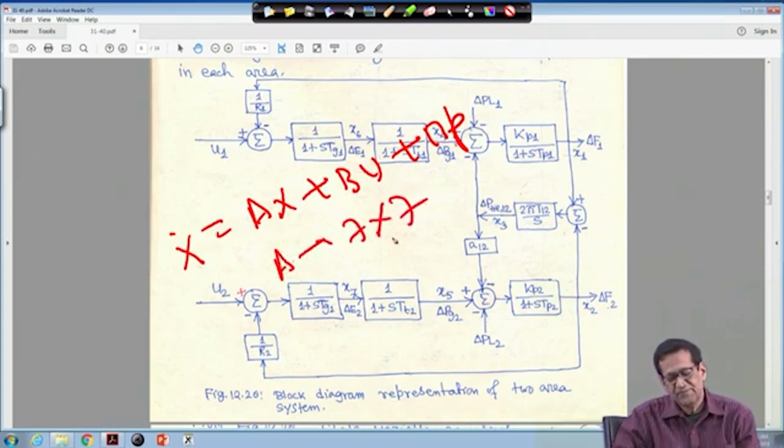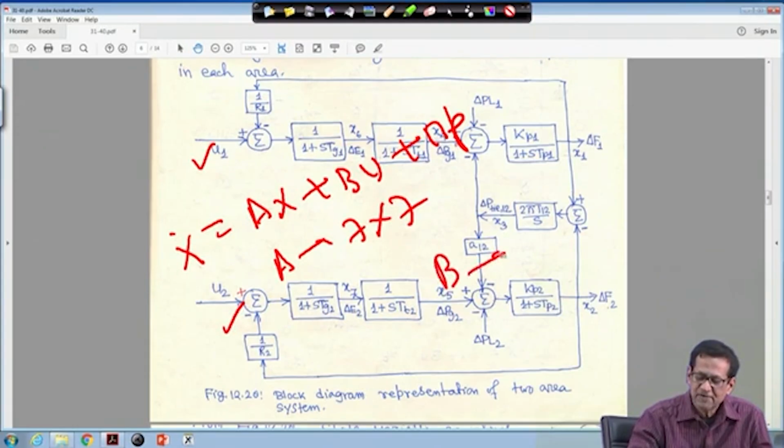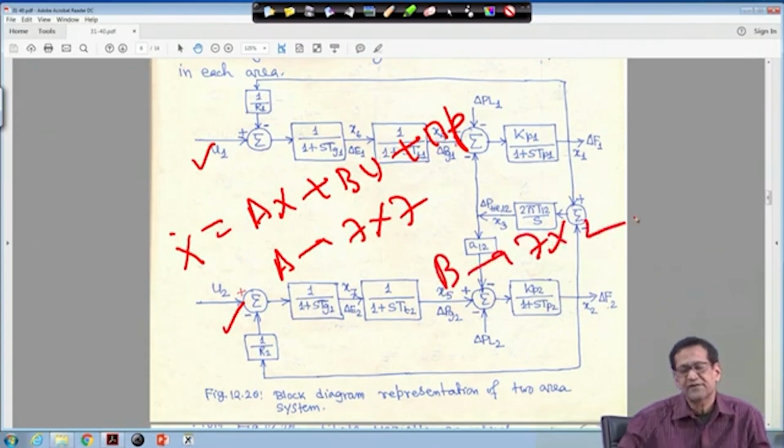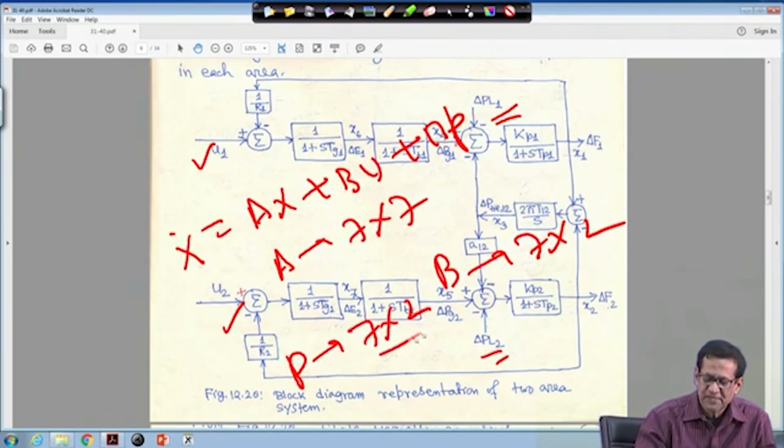There are 2 inputs, so B will be 7 by 2. P is the disturbance matrix, with PL1 and PL2, so 2 disturbances. So, P will be a 7 by 2 matrix.